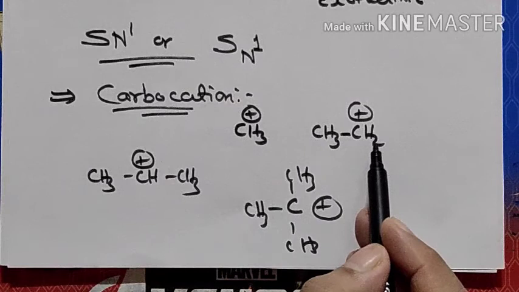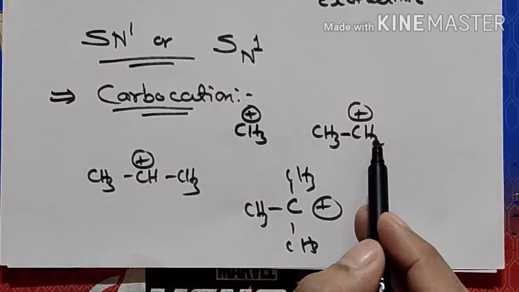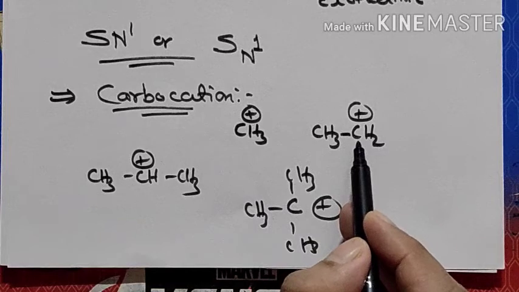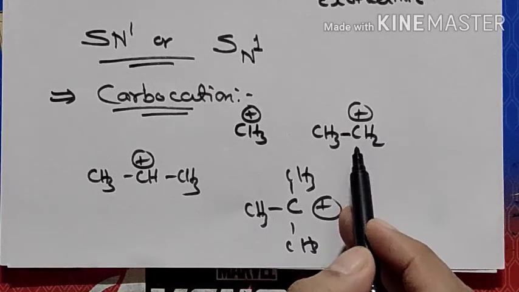Student, remember I told you whenever there's positive charge, that means there's an empty orbital, a place to take that electron, right? And here this carbon is already devoid of electron. It is in need of electron.